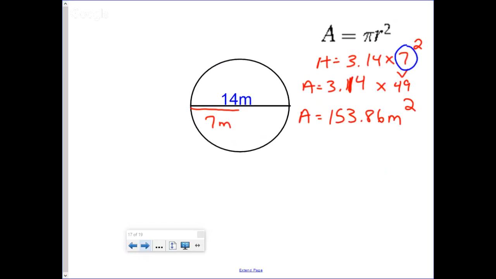And when you square that, 7 times 7 is 49, and then you multiply that times pi, and that gave you your answer of 153.86 meters. So I hope that you understand this. Okay? If you don't understand that, maybe watch the video again and work out your problem.